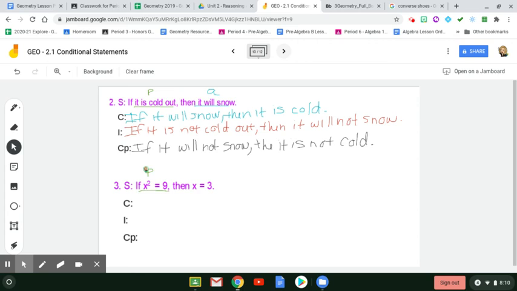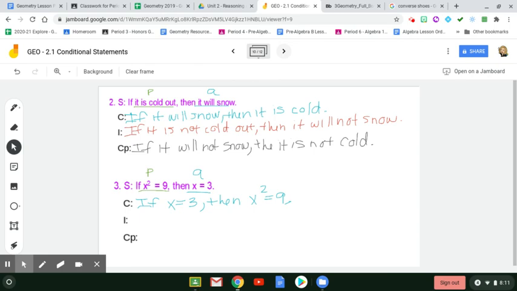Your conclusion is x equals 3. Okay, converse time, flip-flop it. If x equals 3, then x squared equals 9. There's your converse.